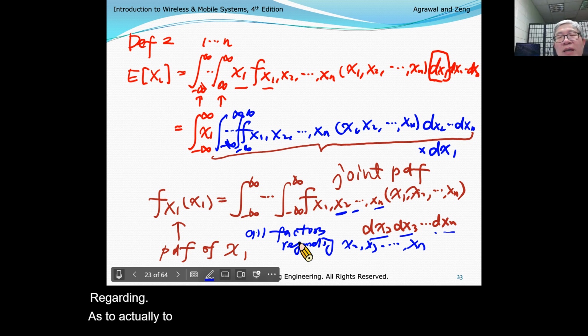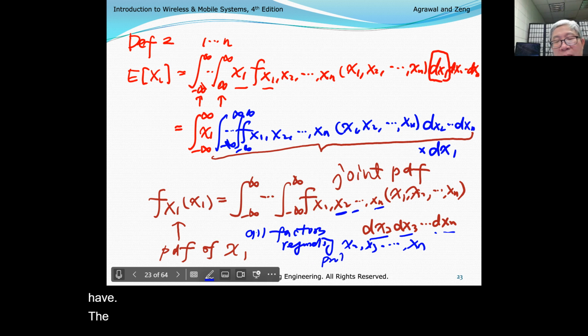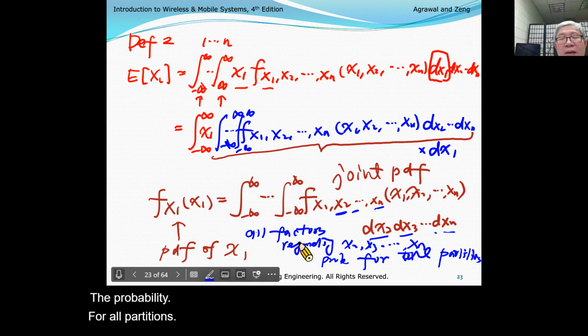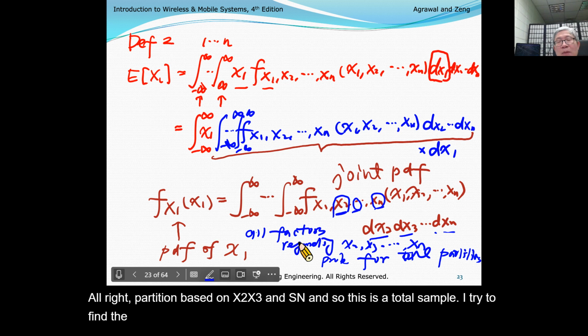If so, performing the integral says we try to have the probability for all partitions. All right, partition based on x2, x3, and xn. And so this is the total, something like trying to find the total density probability, or maybe probability density, sorry. And so that is this one.